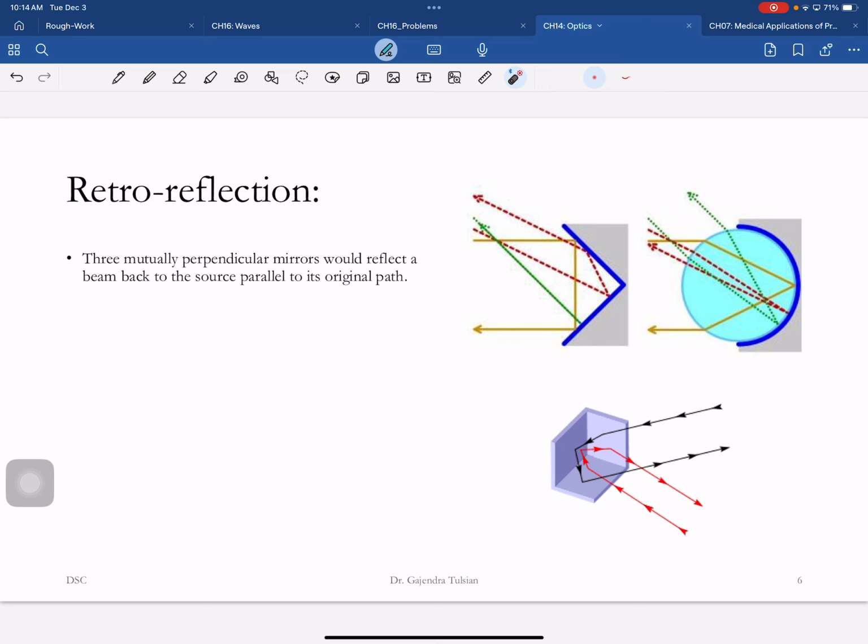Well, what use is that? We have mirrors like that on the moon. When we went to the moon, we placed mirrors like that, and we shoot lasers at the mirror, and the laser comes right back at us. And we can measure the distance to the moon to that accuracy.